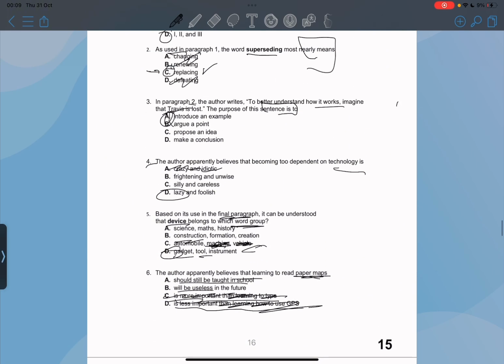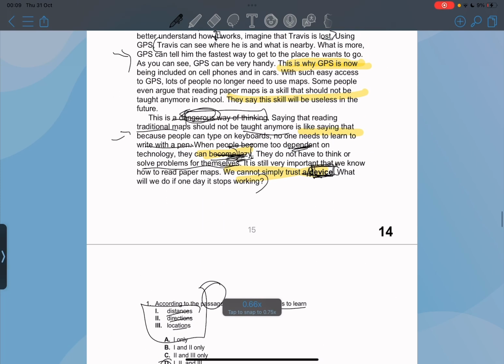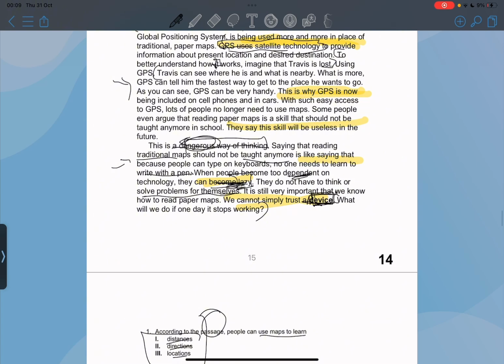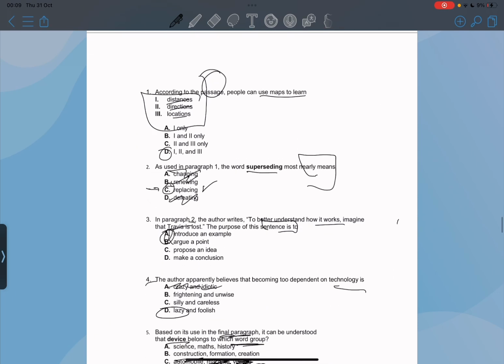He doesn't say he thinks it will be useless in the future either. He thinks it should still be taught in school. You see it right here. He argues that if someone says it shouldn't be taught anymore, then it's dangerous, right? So he obviously thinks it should be taught.